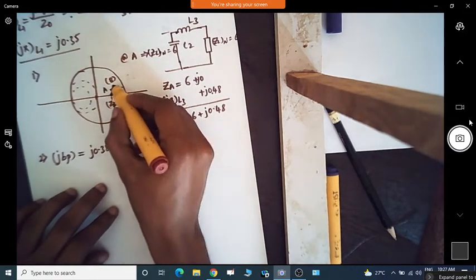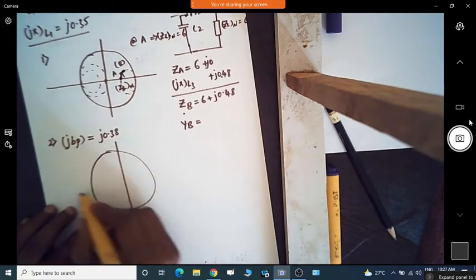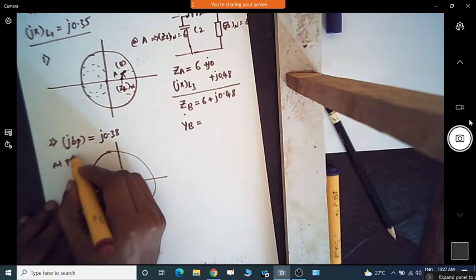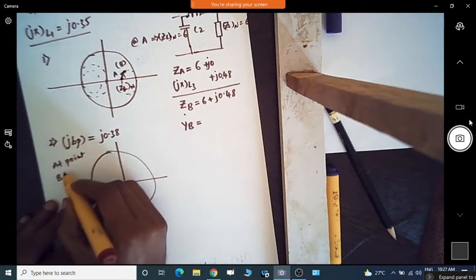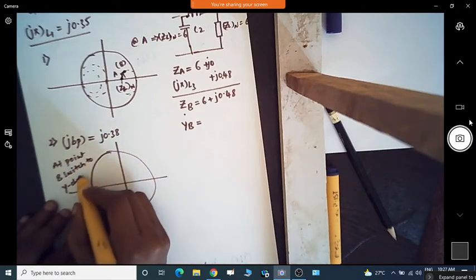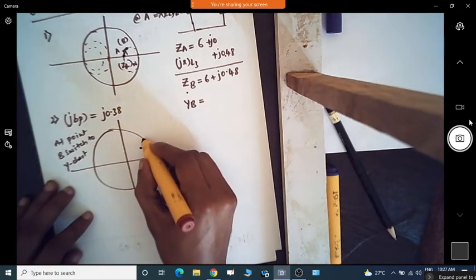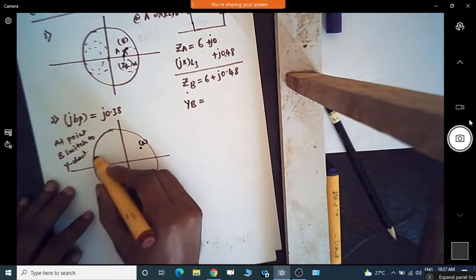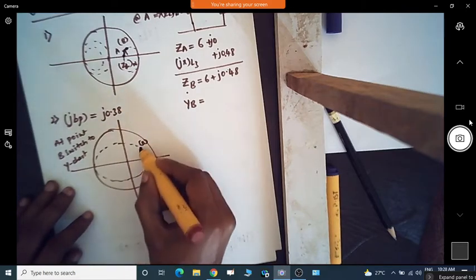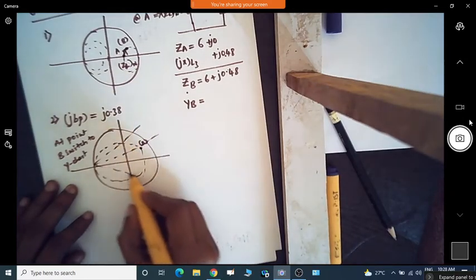At point B we have to switch to the Y chart. Somewhere here is point B. We have to find the conductance value and the susceptance value passing through that point.